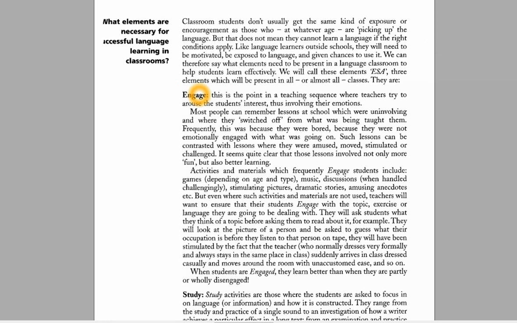So we always have ESA. This is the three elements that should be present in any class. When you present it, it means you have to understand each element, what it means, and how to engage the students in such an activity.